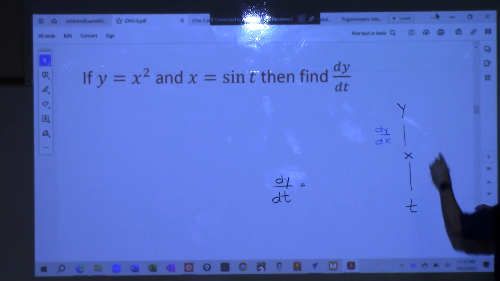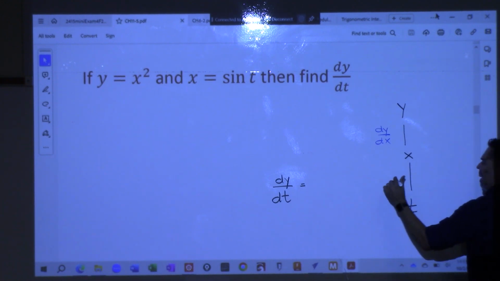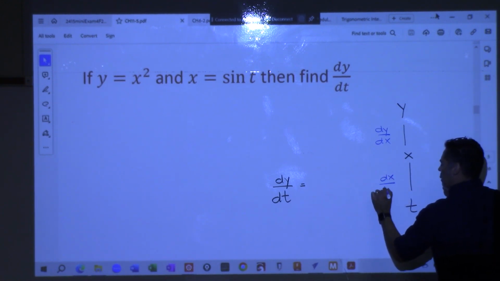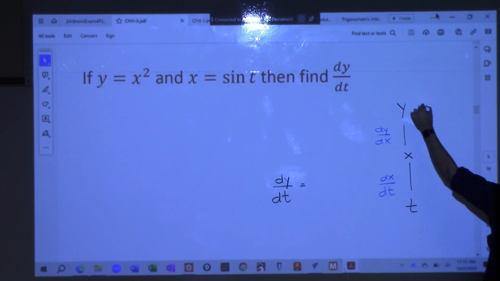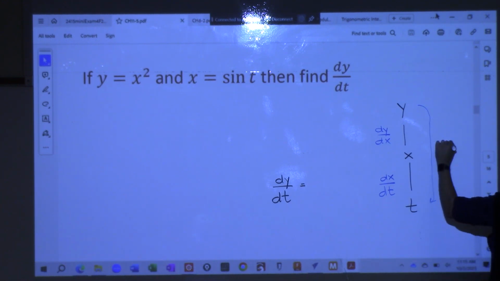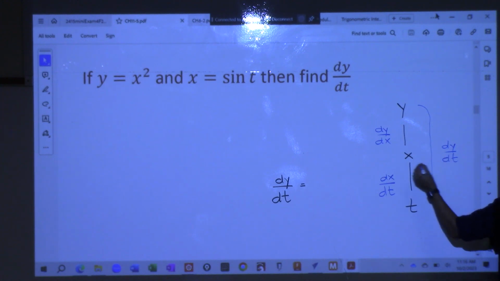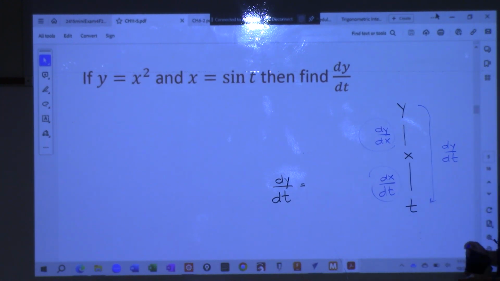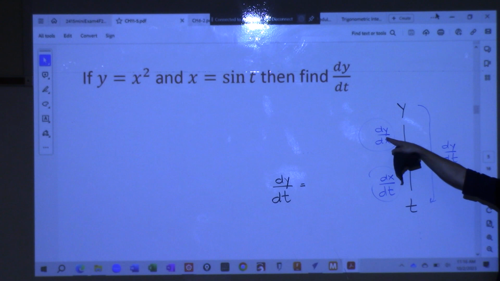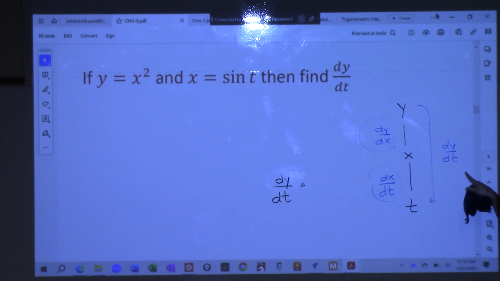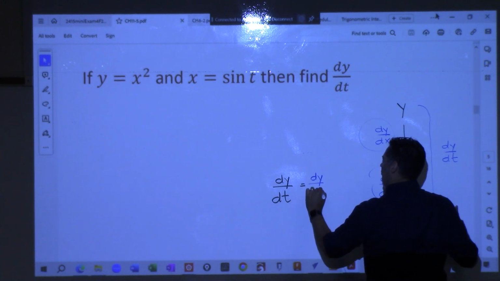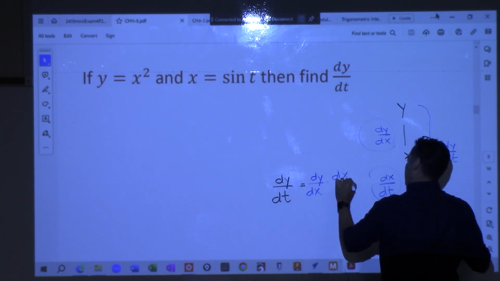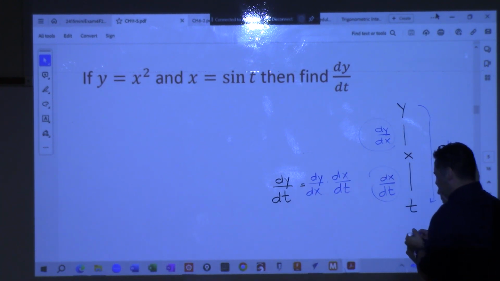And from here I have dx dt. So if I want to know dy dt, which is the connection between these two, I'm going to multiply those two together. If I multiply this times this, I should get this. So this should be dy dx times dx dt.